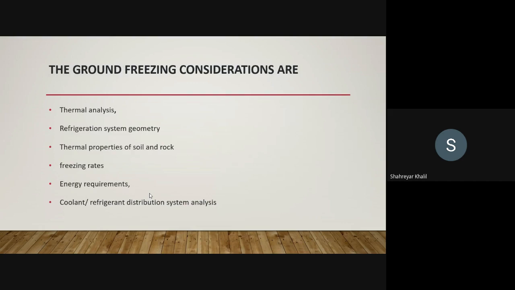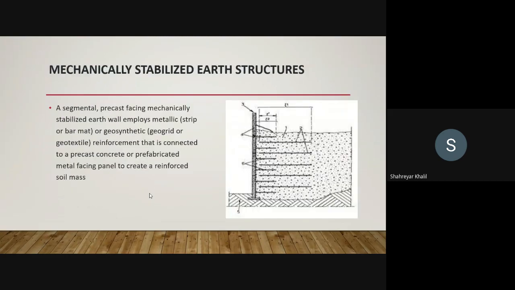Whenever this technique is used, we have to take into account certain considerations: thermal analysis, refrigeration system geometry, thermal properties of soil and rock, freezing rates, energy requirements, coolant, and refrigerant distribution system analysis.